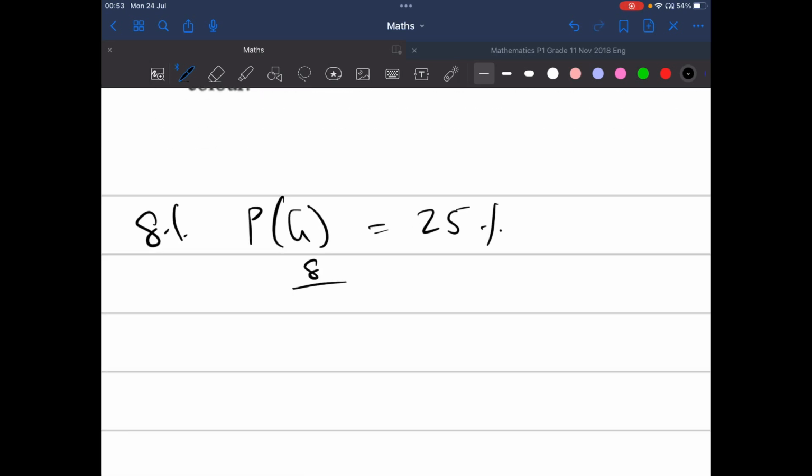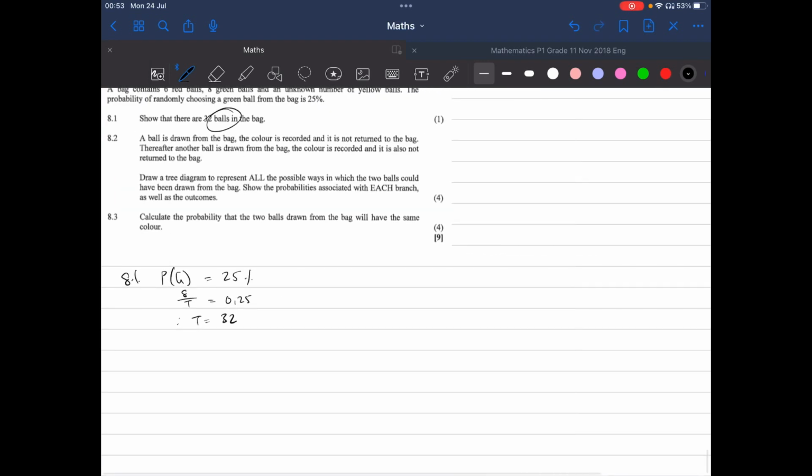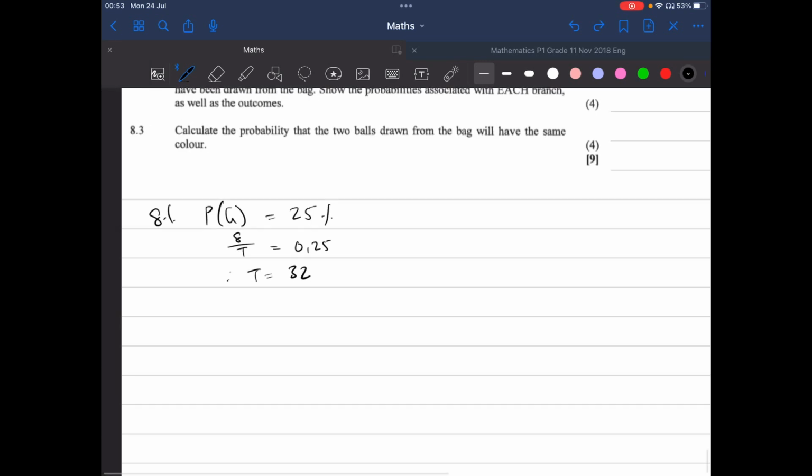Okay, so 8 over, let's just call it t, equals 0.25. Right, so now it's just a simple case of solving for t. So I'll multiply t to that side and then divide both sides by 0.25. Okay, so 8 divided by 0.25 is 32. So that means that there are 32 balls. So that answer is correct.